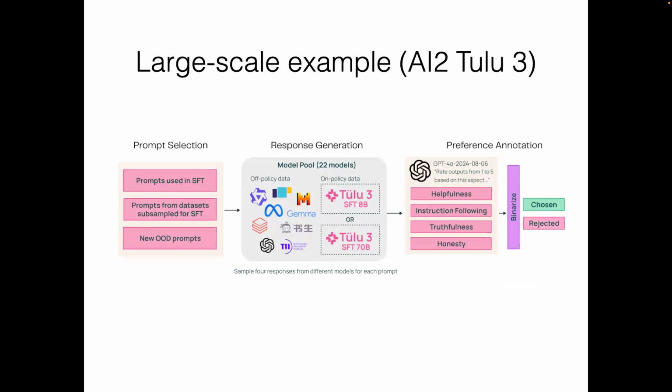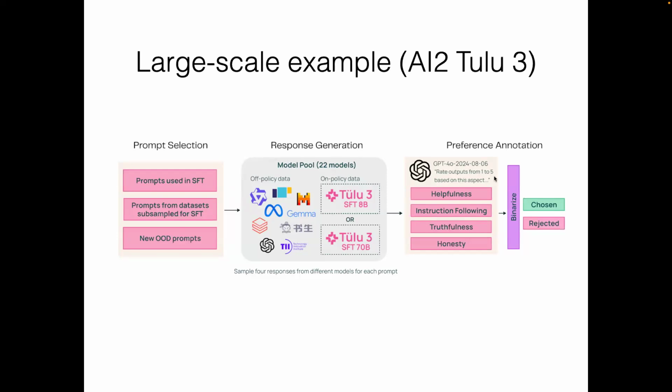And then here's the large scale example. And you could see here that they have a variety of input prompts they're using. And then what they did is they used this pool of 22 different models to actually generate the responses. And then those are the ones that they then annotate for the preference judgments.